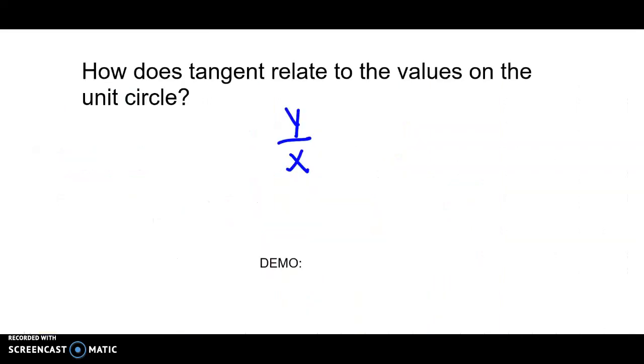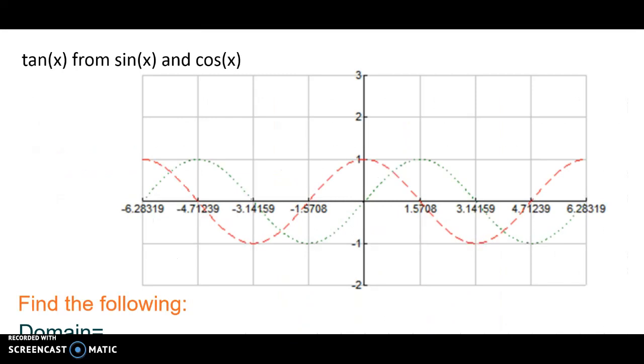All right, so let's take that and understand how this graph works. We're going to graph tangent from sine of x and cosine of x. So on this graph currently is sine of x and cosine of x already. And what we are going to do is we're going to graph tangent knowing that tangent is sine over cosine.